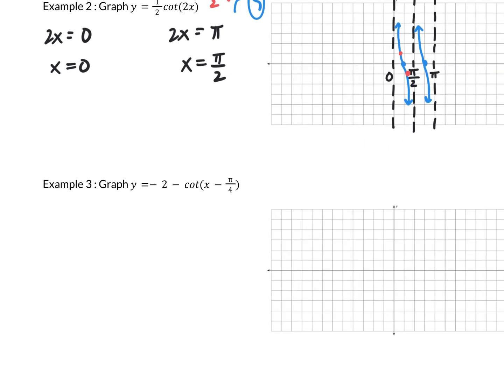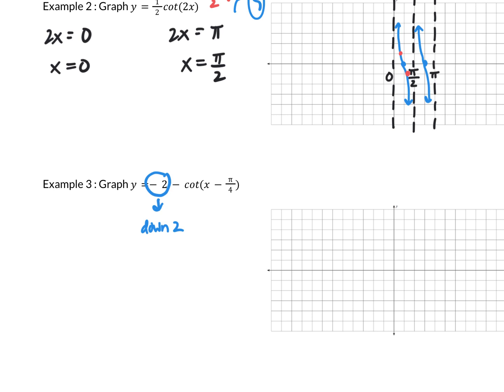Last one here. Okay, let's talk about what all these transformations are going to do before we actually set and find our vertical asymptotes. What is this -2 going to do out front here? Down 2. Okay. Let's take this one step at a time. What does cotangent look like?